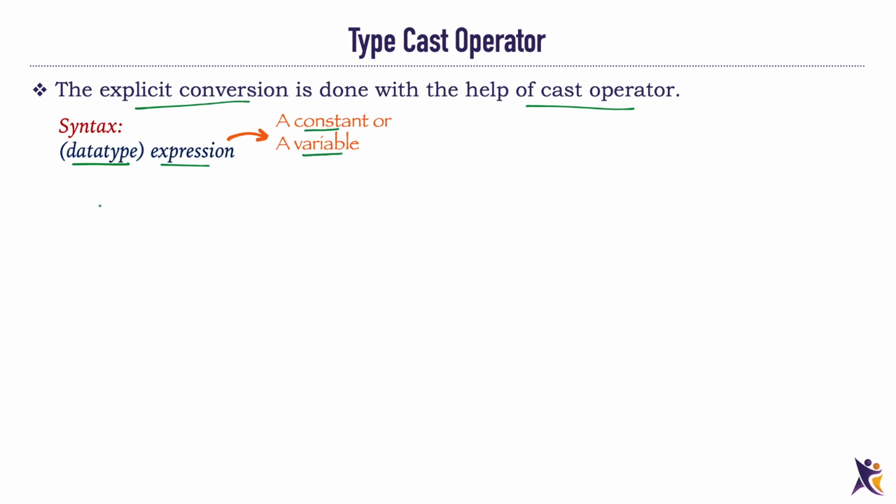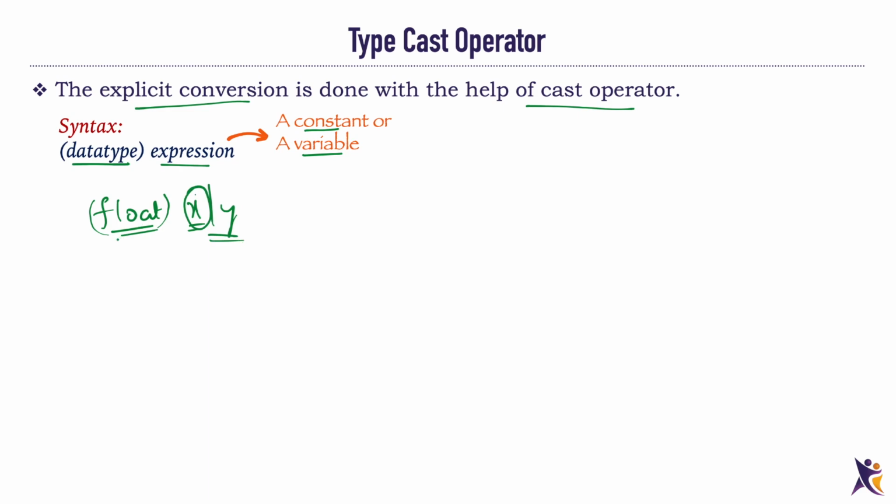For example, in the previous slide we have seen float x by y, right? Here float is the data type which we want to assign to this operand, and then followed by the expression. Here the expression is this one, right? This is the variable here, and then followed by the rest of the expression.